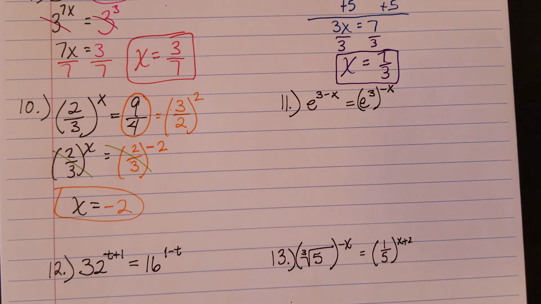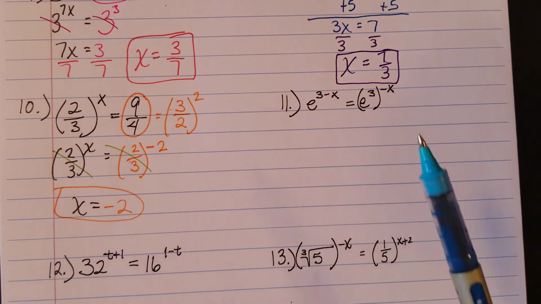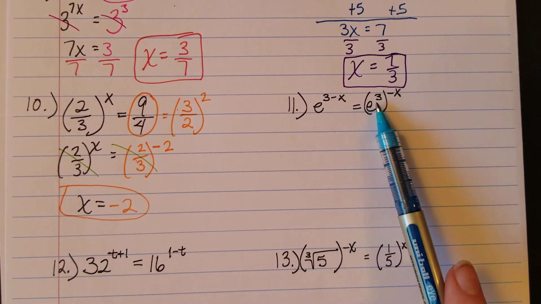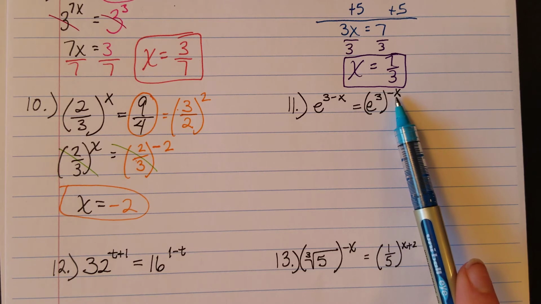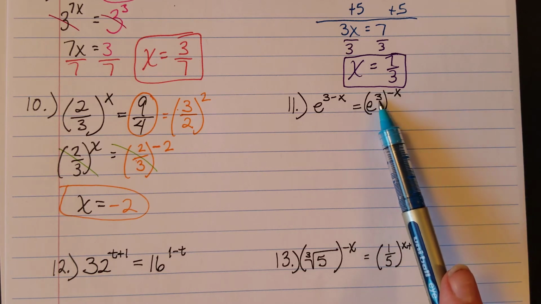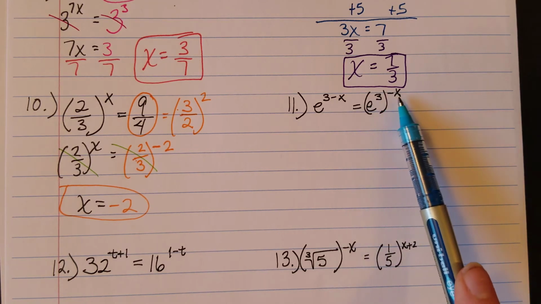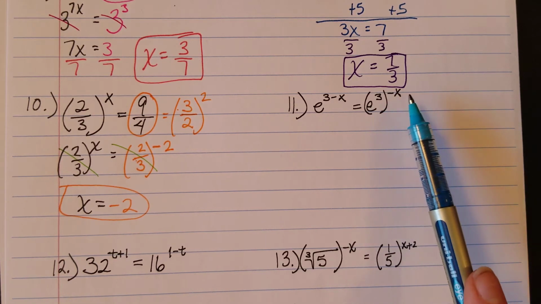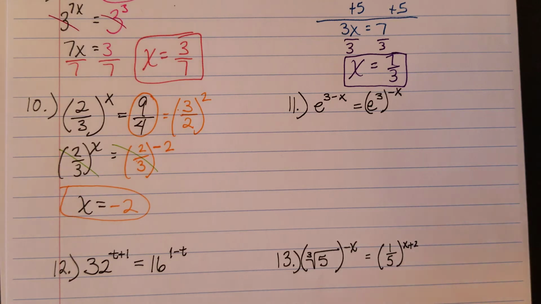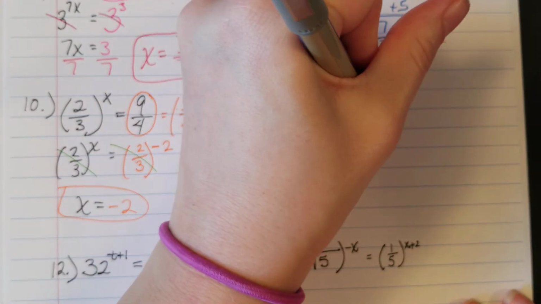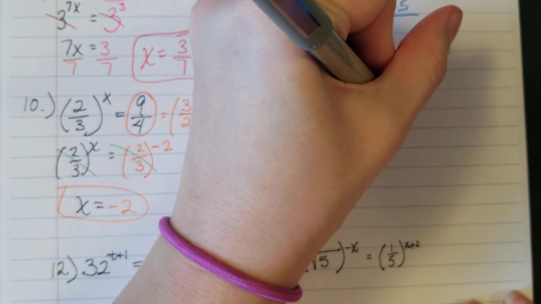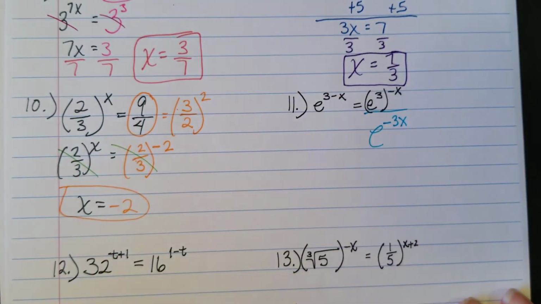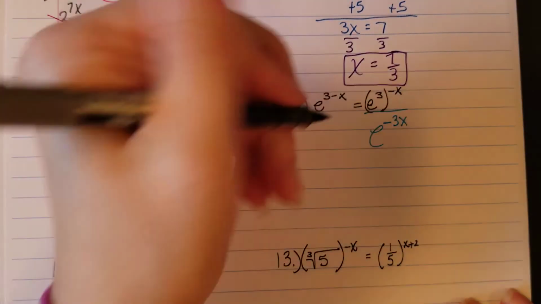We do need to use another one of our exponent rules because we have e to the power of 3 and then raised to the power of negative x. So if you have something that's raised to an exponent and then all that is raised to another exponent, to simplify that, you would multiply those exponents. So this turns into e to the power of negative 3x because I multiplied the exponents.